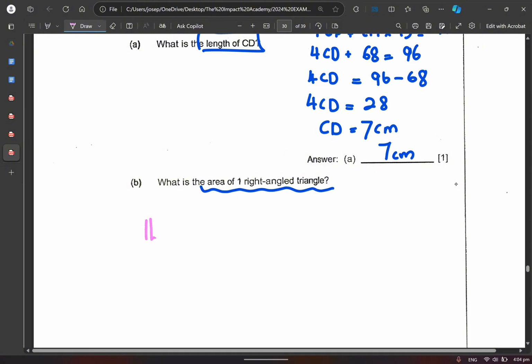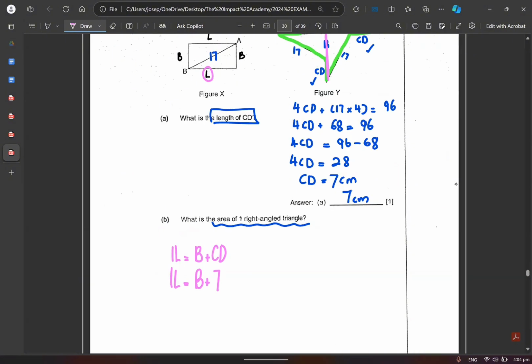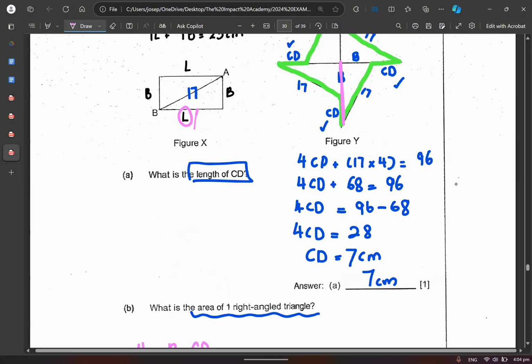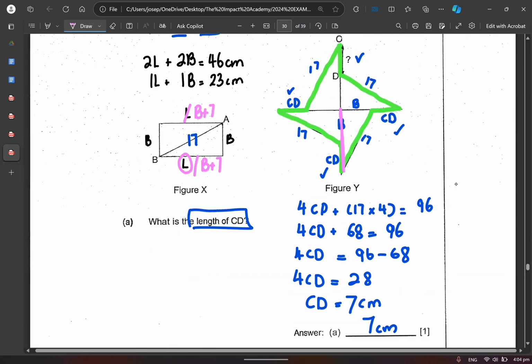So what we are trying to say is one length is actually equals to breadth plus CD. And we know that one length is actually equals to breadth is what? We don't know, right? But what's my CD? 7. Do you agree or disagree? So instead of calling length, I'm going to replace it to breadth plus 7. This becomes breadth plus 7. Agree or disagree?